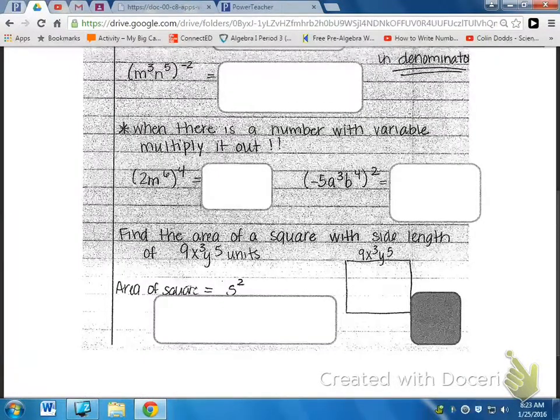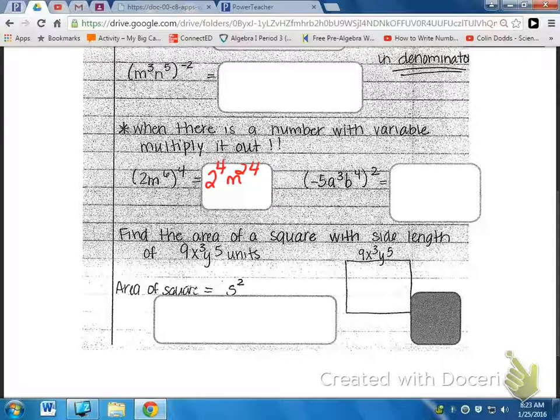When there is a number with the variable, you have to end up multiplying that out, kind of like an evaluate type thing. So in parentheses, I have 2m to the 6th to the 4th power. That means everything in there has to be taken to the 4th power, so you have to take 2 to the 4th, and m to the 6th to the 4th would be m to the 24th.